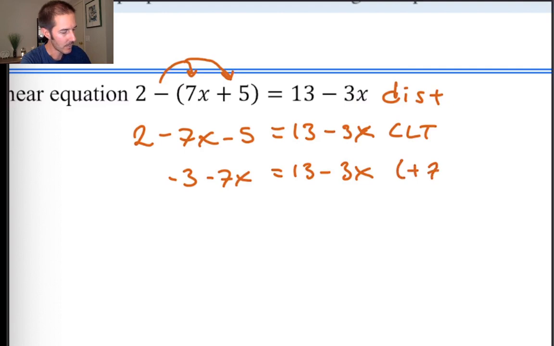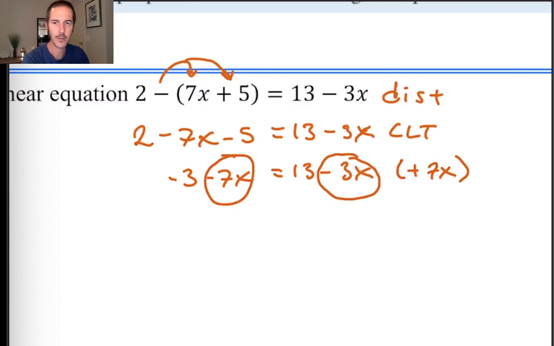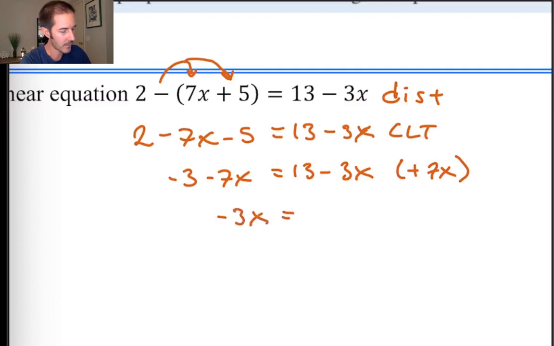I like to do this to both sides, adding 7x, so that this will turn into a 0, and the negative 3x's plus the 7x's is going to result in a positive number of x's, which I like. So the negative 3 will still be there on the left-hand side.